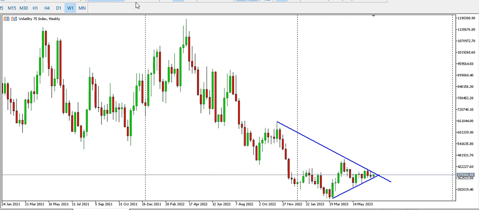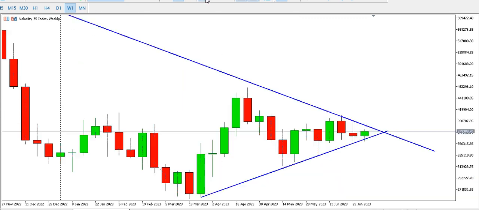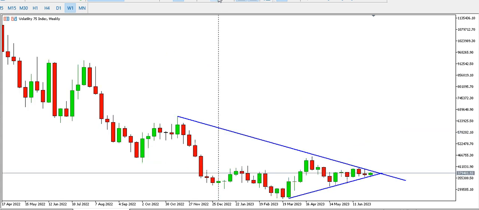I have V75 index on the weekly time frame on my screen, and what I can see is the fact that the price of V75 is ranging. It's been ranging. We have price ranging at this point, and we might likely see price go up with what I'm looking at.